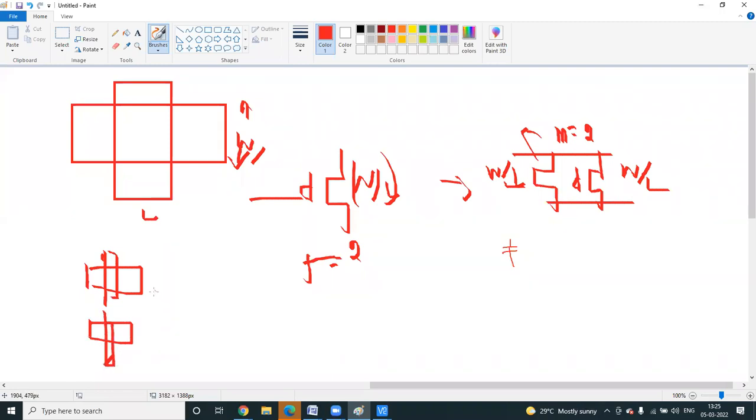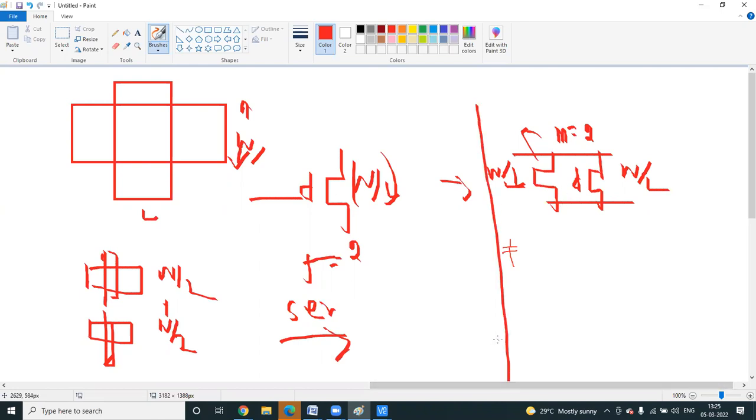This is W by 2, W by 2. If you add these two W by 2, it is W only. This is 2 finger, 3 finger, W by 3. And this is addition, that's why it will be series. So finger is in series, multiplier is in parallel.